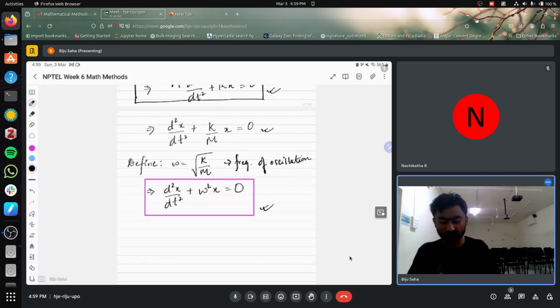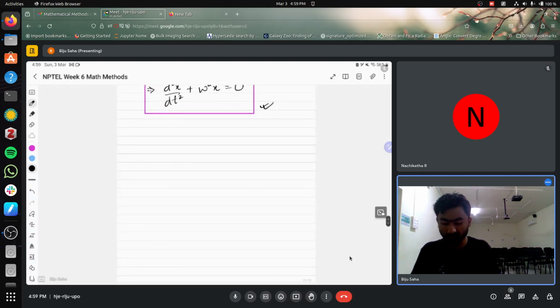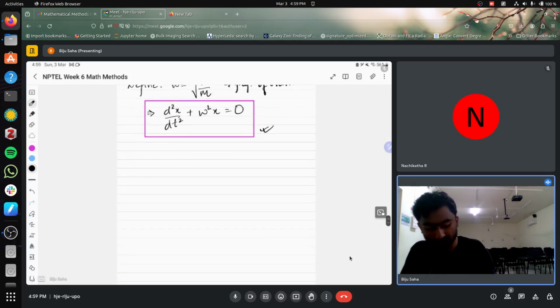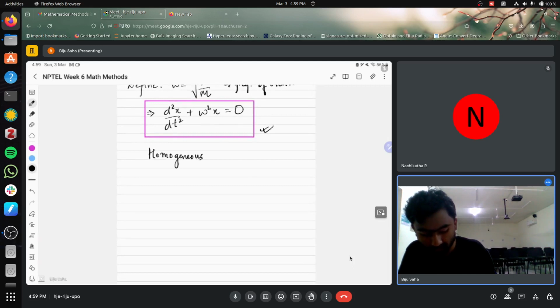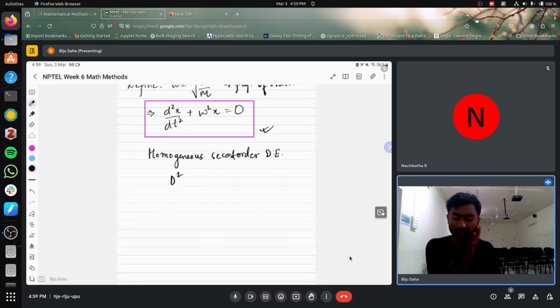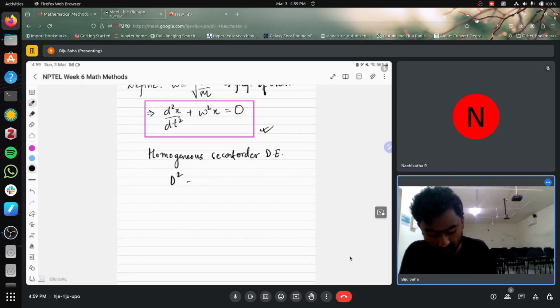Now the next question is how to solve this particular category of differential equation. This is a homogeneous second order differential equation. So the way to go about this is to find the roots of the auxiliary equation. This is my auxiliary equation, and the root is given by this.